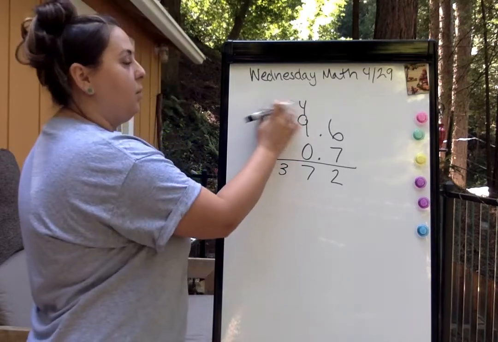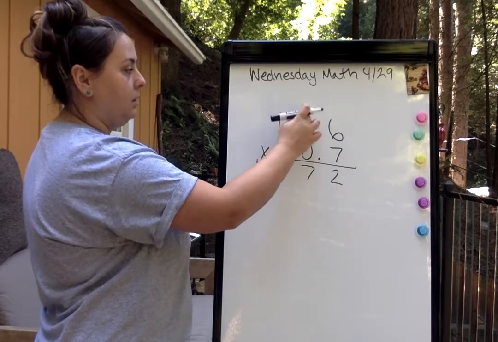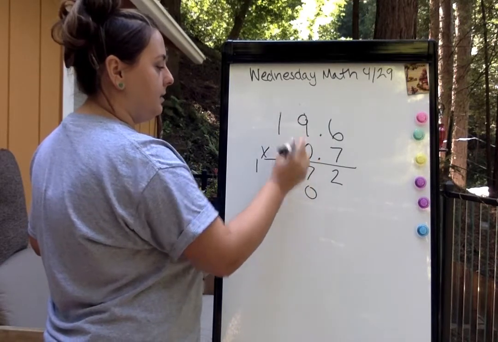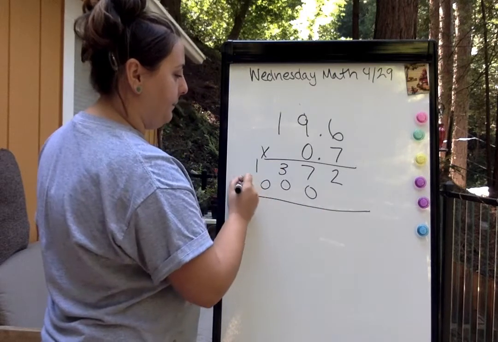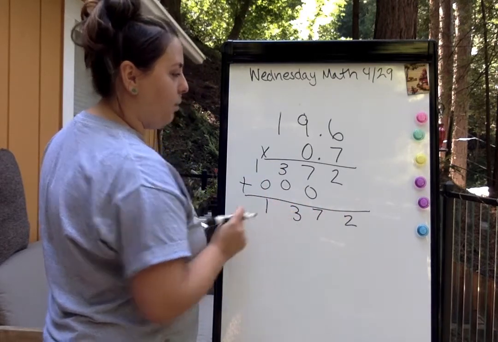Okay? Erase these or cross them off so you don't get confused. And then we have 0 times 6, 0, and 0. Add them up. It's going to give us 2, 7, 3, and 1.